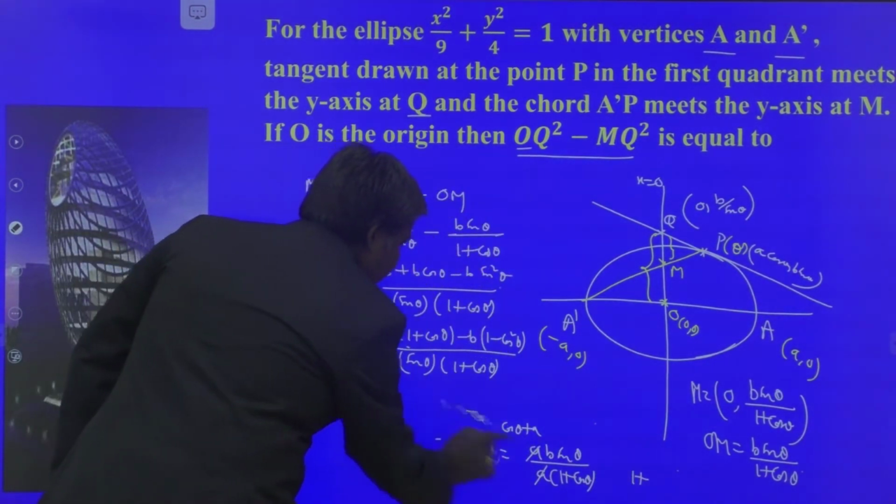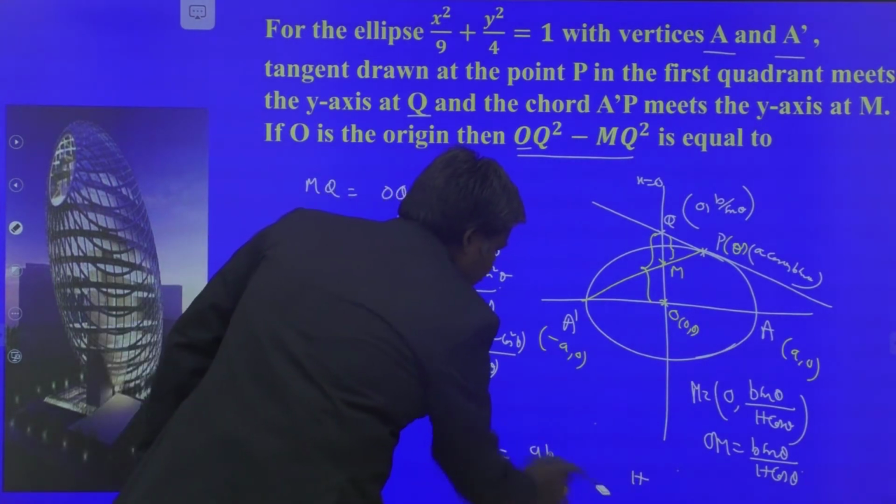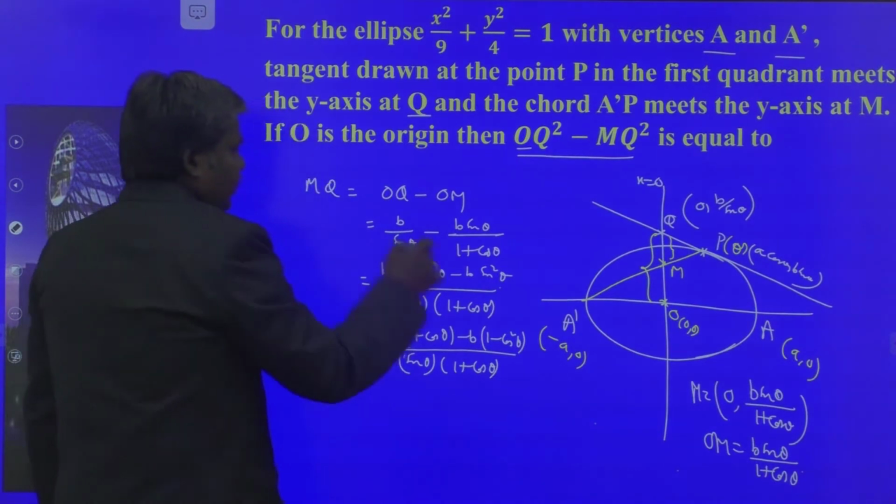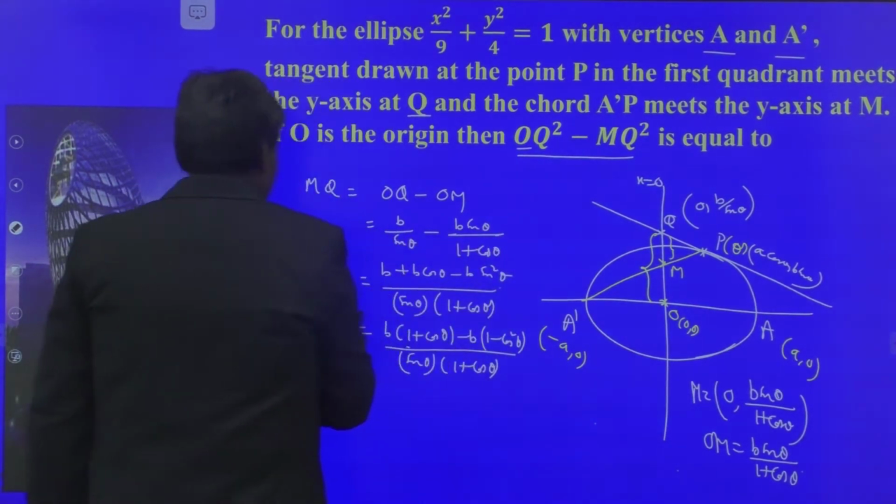The entire thing is simplification; the only concept here is finding the coordinates of M.